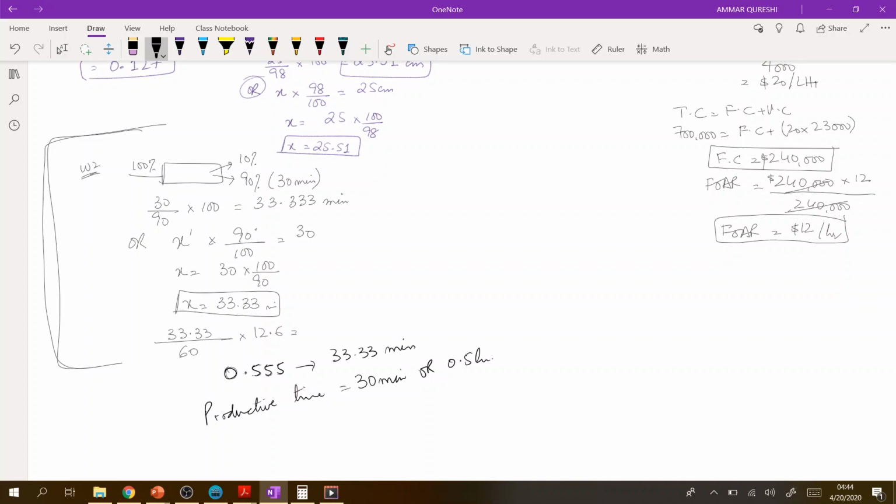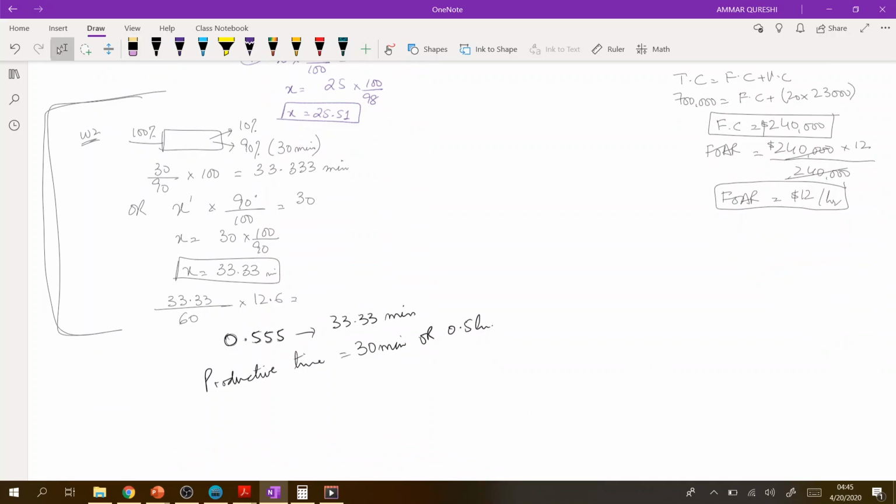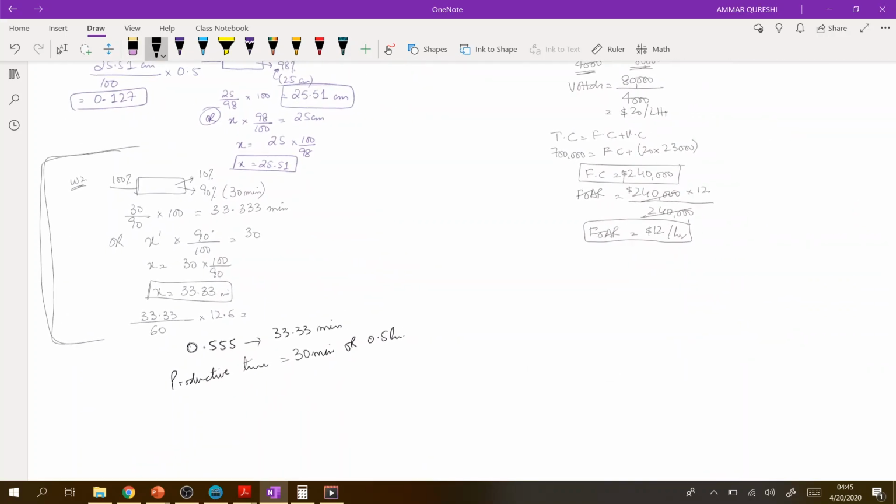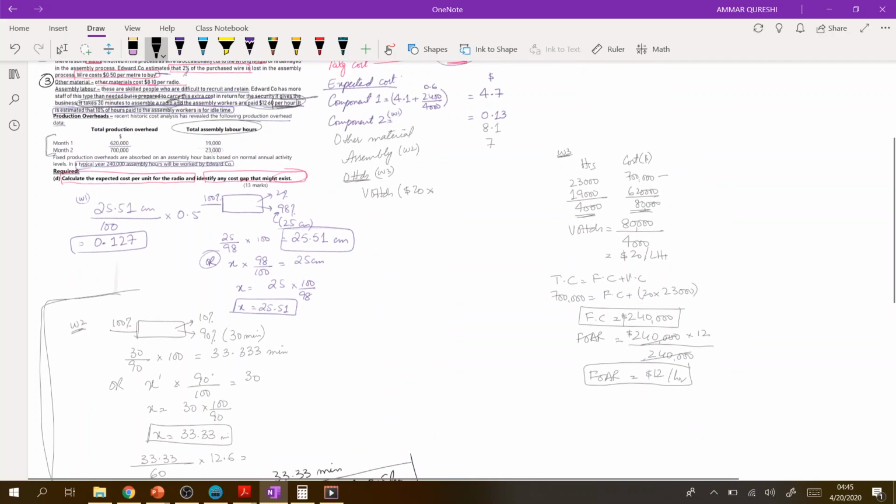So we say that when you manufacture the product, when you are working, only absorb overheads through the active hours. Non-active hours mean you are not manufacturing the product, so your machinery is not running, your generator is not running. So we usually tend to ignore idle time in this case. So we will absorb overheads on the basis of productive time only, which is 30 minutes or 0.5 hours.